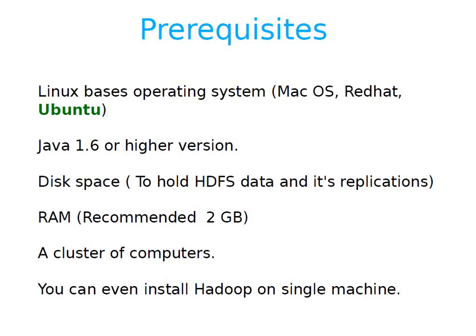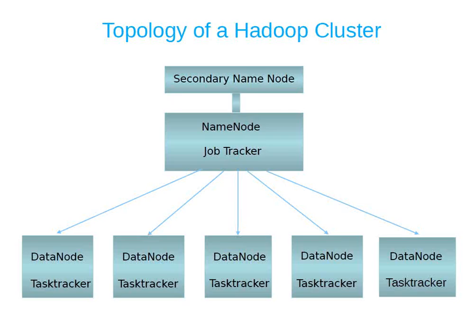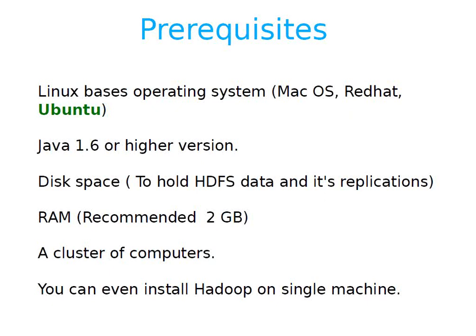The next requirement is a cluster of computers for learning Hadoop. As per this diagram, you may think that we need 7 machines, 1 master, 1 backup master, and 5 slave machines. But that is not true. For learning purposes, we don't need 7 machines. We can even install Hadoop on a single machine.